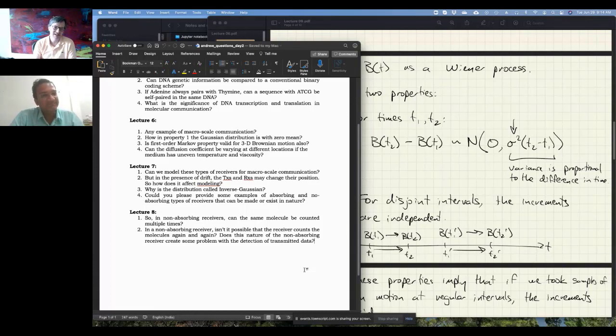If you have a non-absorbing receiver, but you can tag a molecule when it arrives, then it reduces to the absorbing receiver. If you throw out those tags, you throw out information, so you can't do better. That's the basic reasoning. So it's a best case scenario as far as absorbing receivers are concerned.